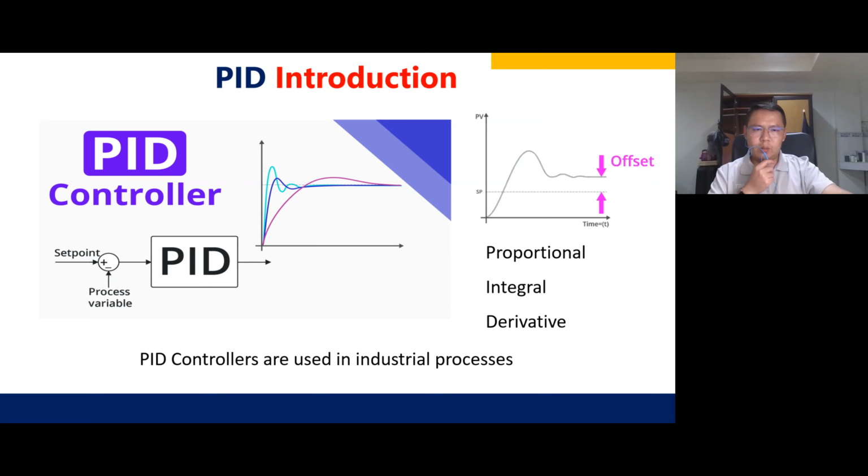The proportional block creates an output proportional to the magnitude of the error signal. The integral block creates an output proportional to the duration and magnitude of the error signal. The derivative block creates an output signal proportional to the rate of change of the error signal.